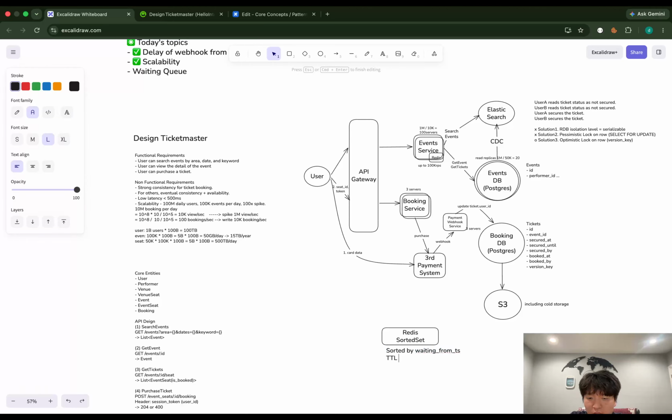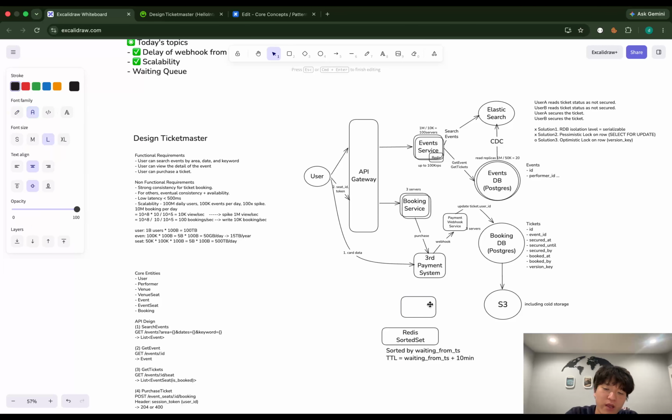And TTL, I would set waiting from TS plus 10 minutes. So when user makes a request to book, he is pushed into this sorted set first.